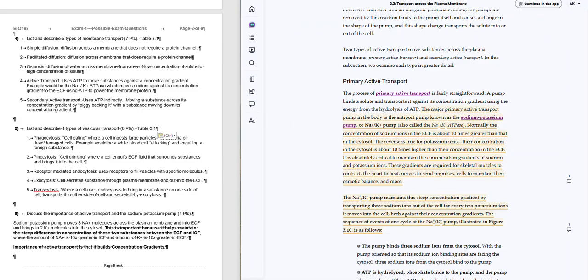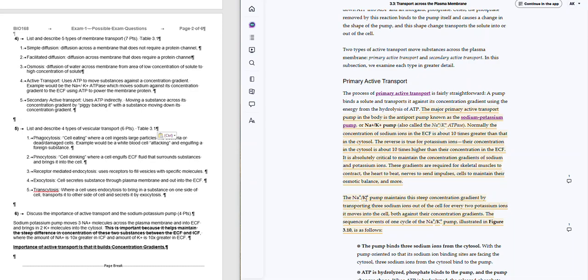And for question 6, make sure you discuss the importance of active transport in the sodium-potassium pump. You can see this in section 3.3, and it talks about concentrations 10 times higher, and these gradients are required for skeletal muscles to contract, the heart to beat, nerves to send impulses, and cells to maintain their osmotic balance.